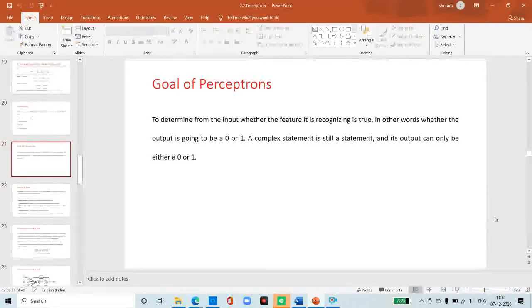A single layer perceptron can learn only linearly separable patterns, but multi-layer perceptrons, or feed-forward neural networks with two or more layers, have greater processing power. The perceptron algorithm learns the weights for the input signal in order to draw a linear decision boundary.